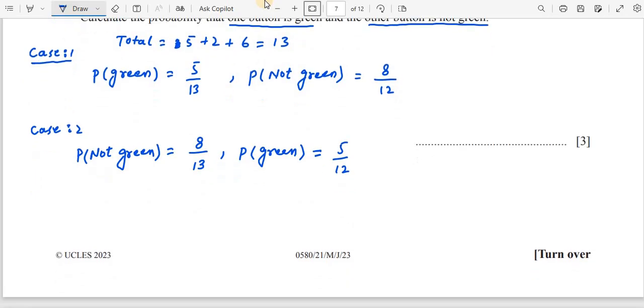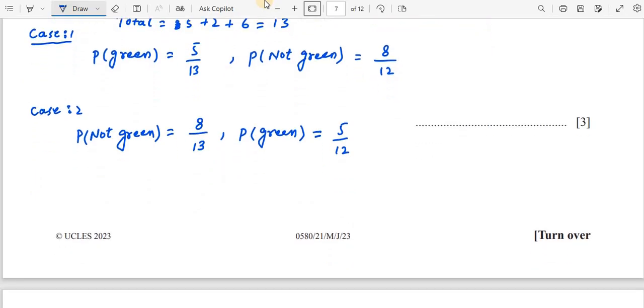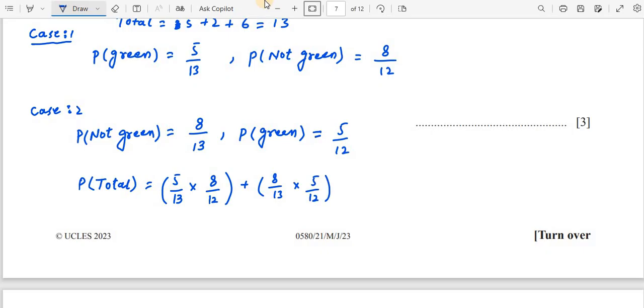To find the total probability, probability of total is equal to 5 over 13 multiplied by 8 over 12, this is case 1, plus case 2, 8 over 13 multiplied by 5 over 12.